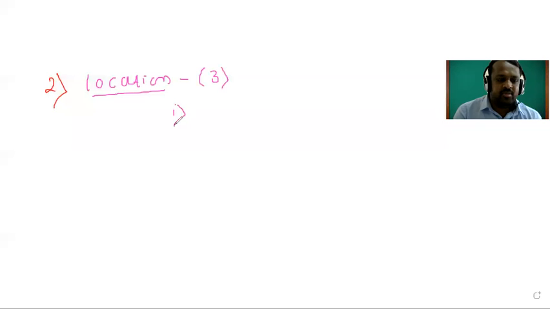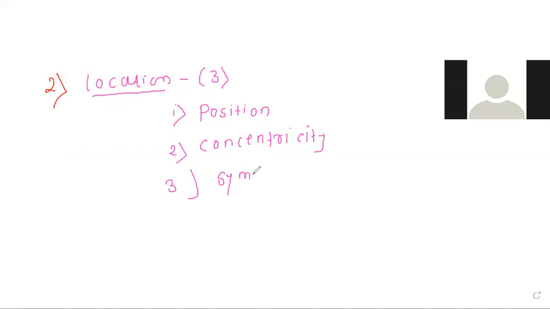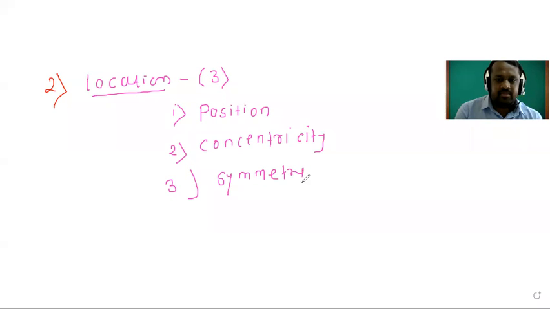The first is the position, then the second is the concentricity, and the third is the symmetry. So first up, we will discuss what is meant by the position, the concentricity, and the symmetry.